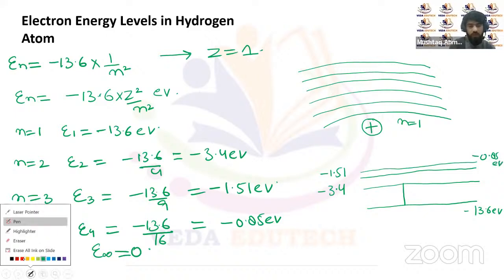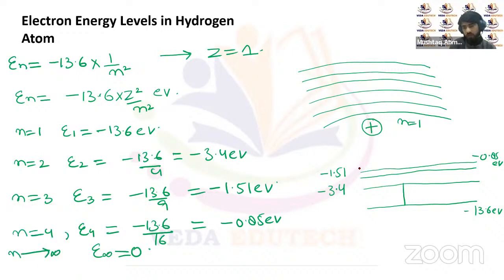So it means that energy levels become closer and closer to each other as the value of n increases. So this is the energy of an electron in different orbits.